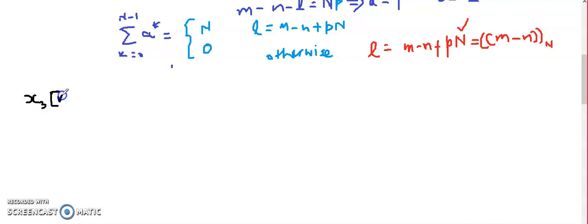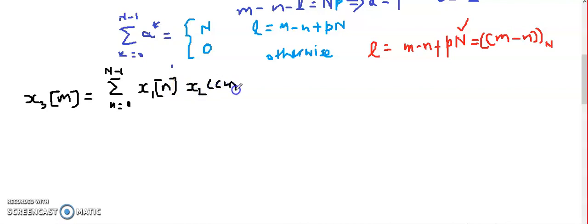x3[m] can be written as summation n changing 0 to N minus 1, x1[n] and x2[(m minus n) subscript N], where m is an integer which is changing from 0 to N minus 1.